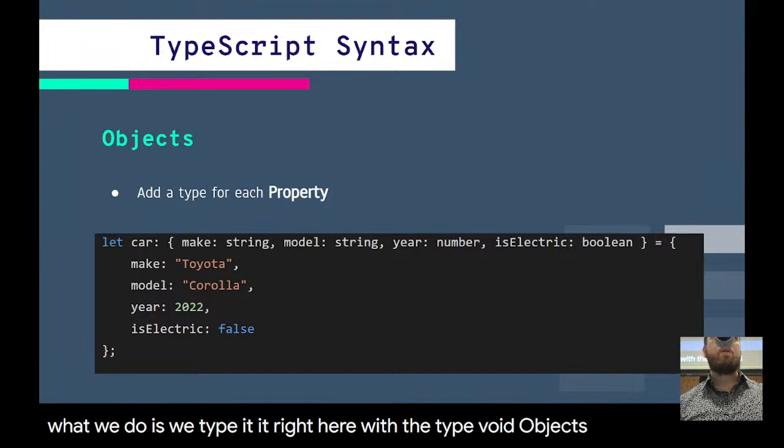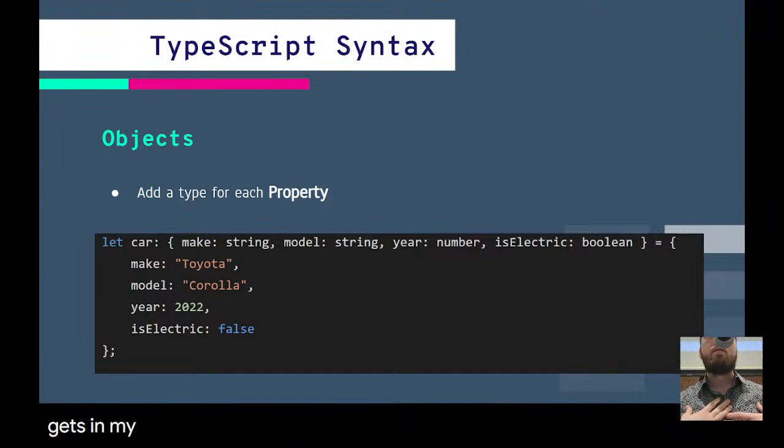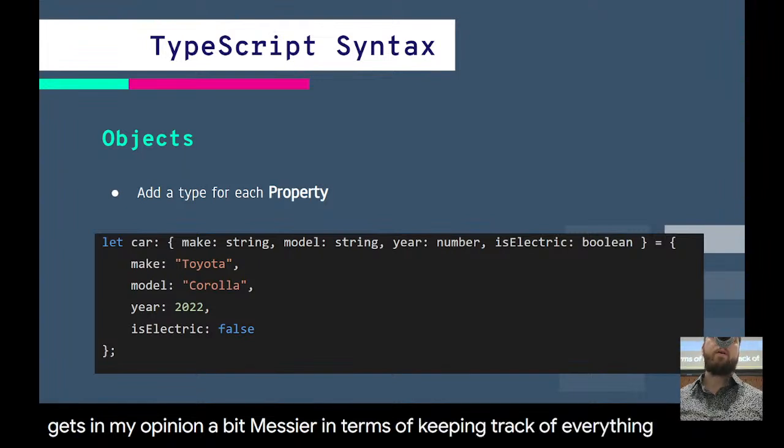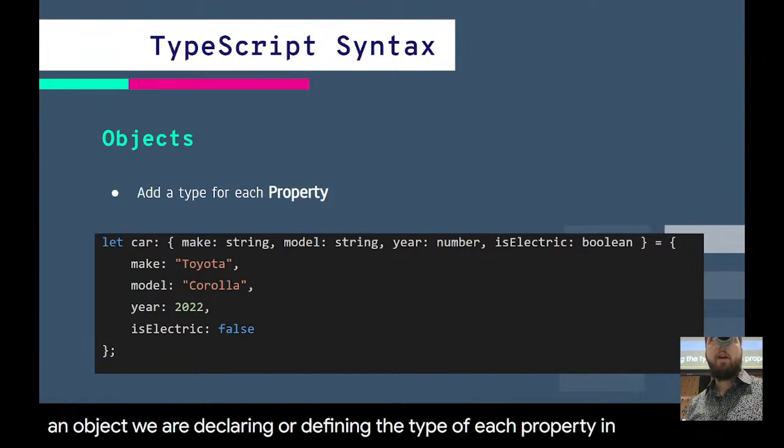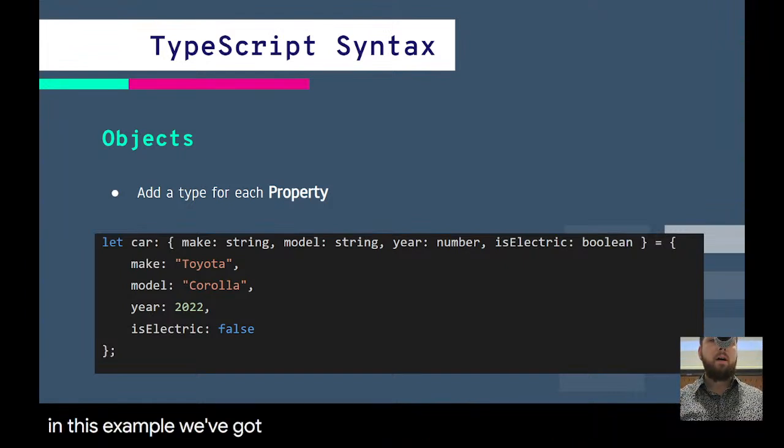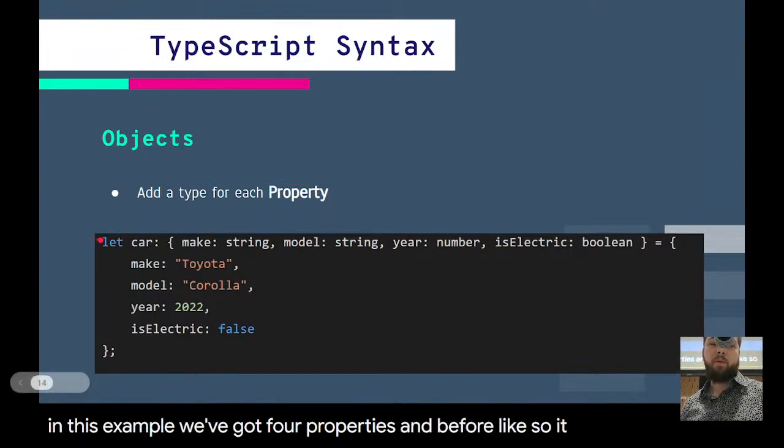Objects are where this gets, in my opinion, a bit messier in terms of keeping track of everything. With an object, we're defining the type of each property in the object. In this example, we've got 4 properties. Let me break this down.